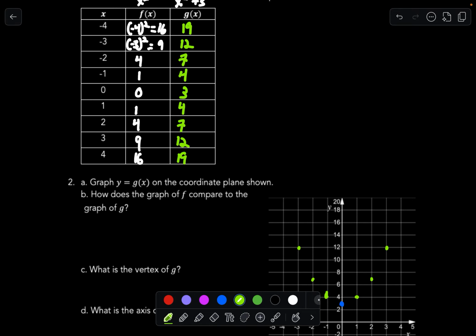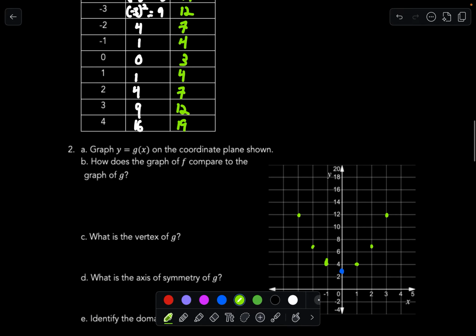And last but not least, 4, 19. And here is the graph of g of x. Okay, and it's a parabola.